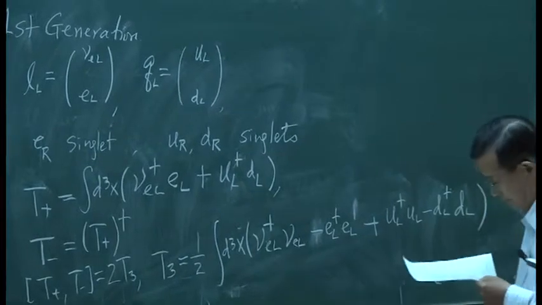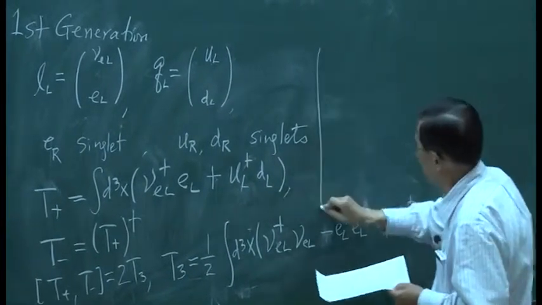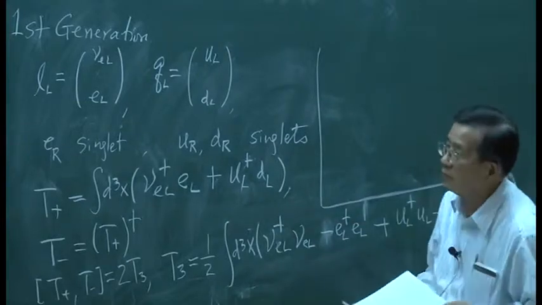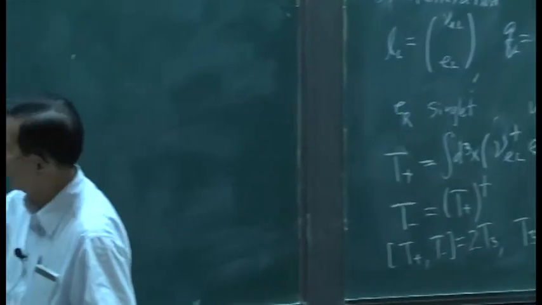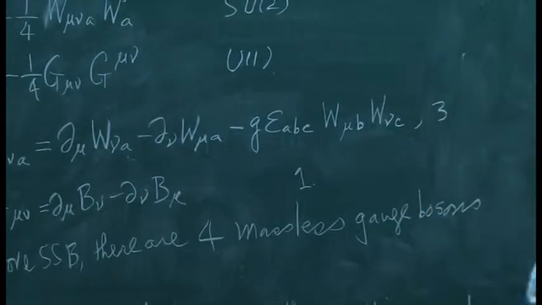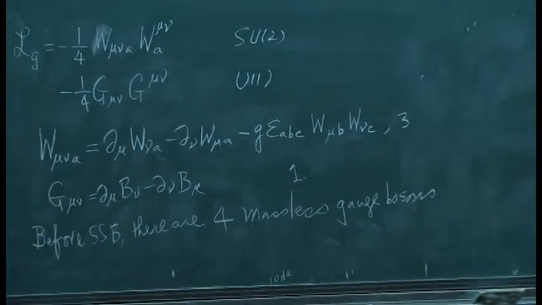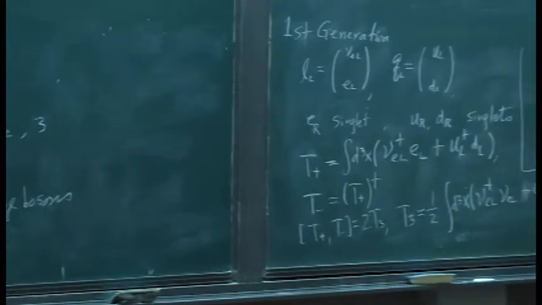Okay. Now we still have not figured out what the quantum number for the U1 here. We know we need a U1, but I have not specified what the quantum numbers will carry. Okay? So we know U1 has something to do with the electric charge.